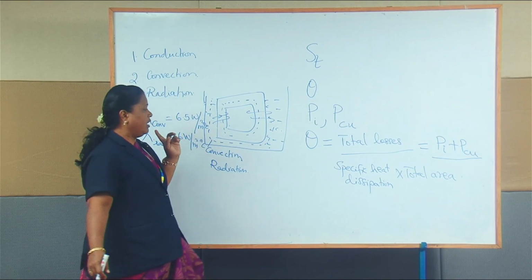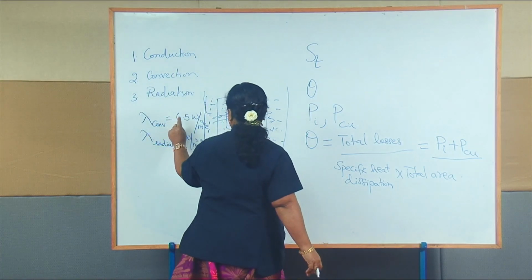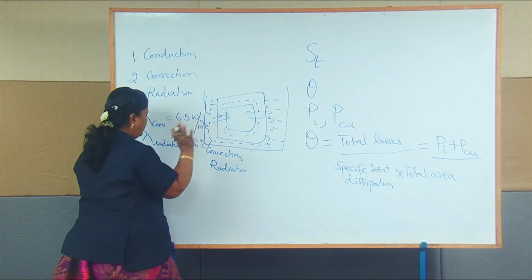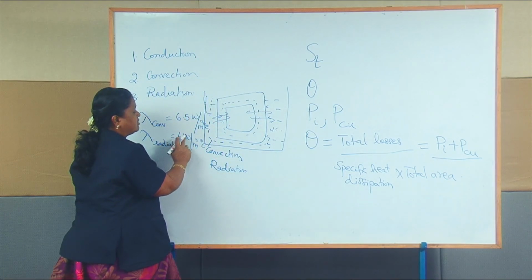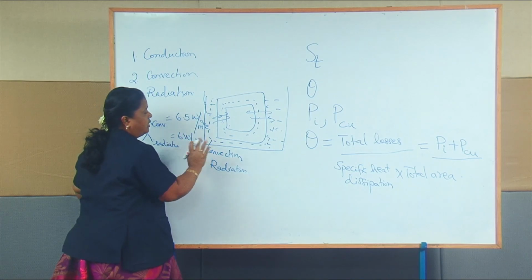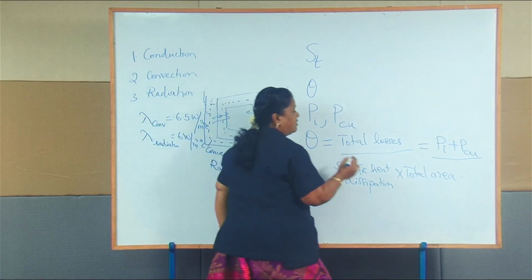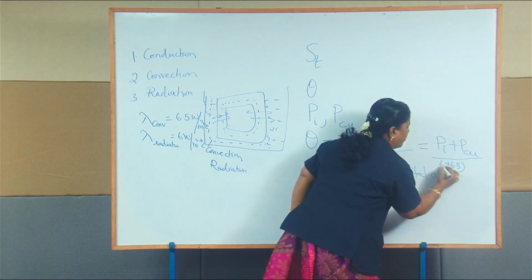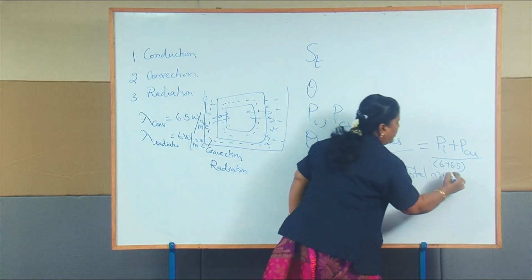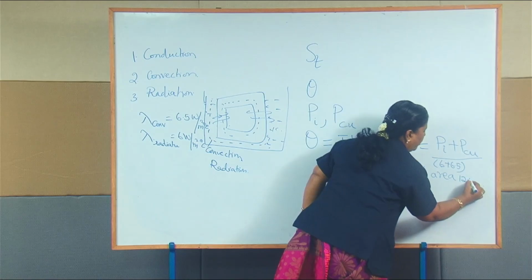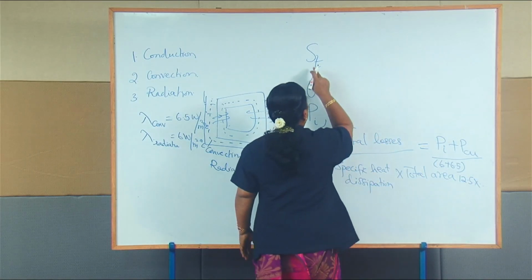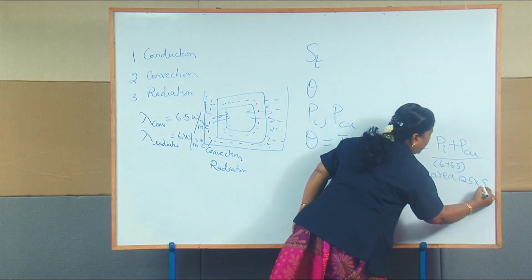Due to convection it is 6.5 watt per meter square degree Celsius, and due to radiation it is 6 watt per meter square degree Celsius. You have to add these, 6 plus 6.5, which is nothing but 12.5, into total area. What is the area of the tank? That is nothing but S suffix T.